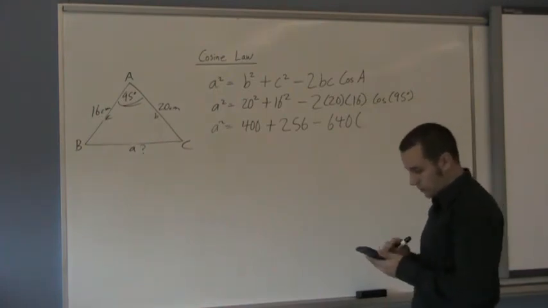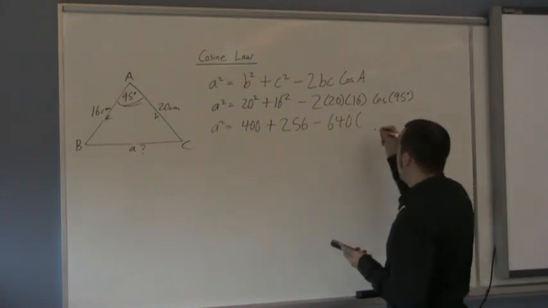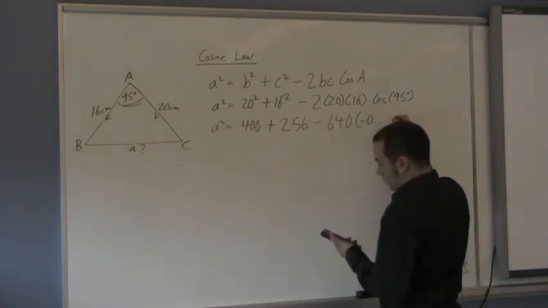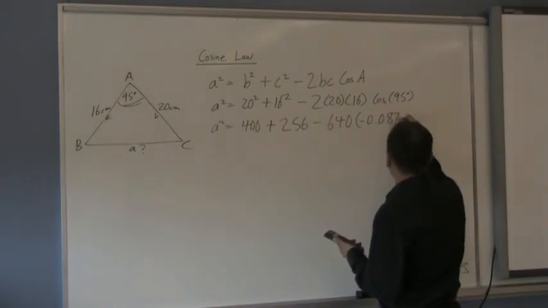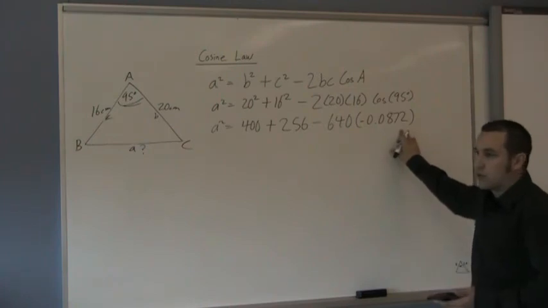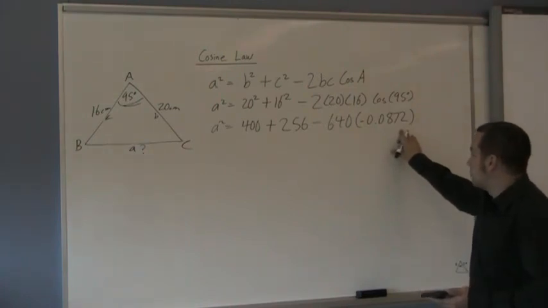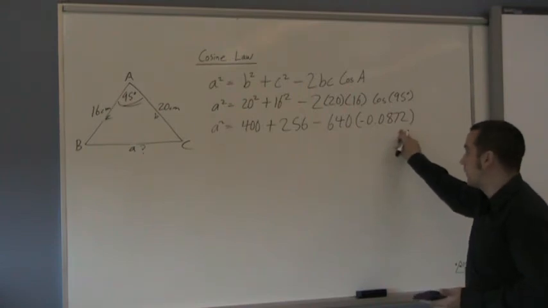So you're going to put the cos of 95 in your calculator, hit enter, and I get negative 0.0872. I try to keep 3 decimal places when I do the cos or sine of an angle, just to get a little more accuracy. You can look at significant figures when you go to write your final answer.